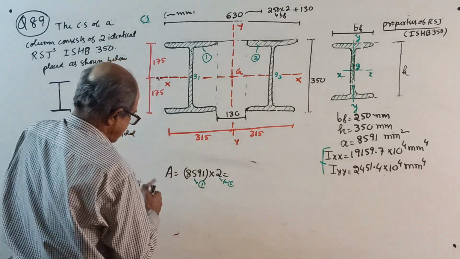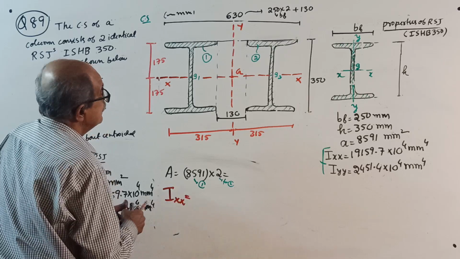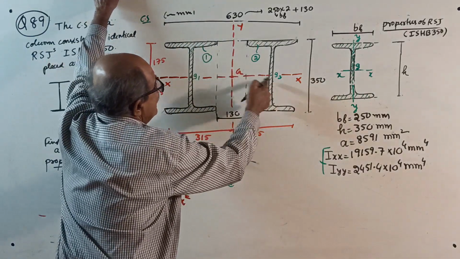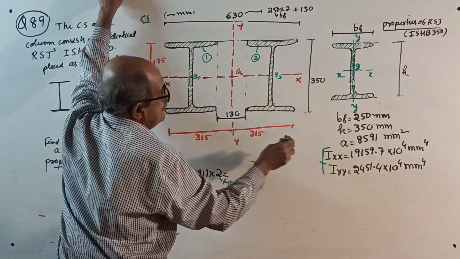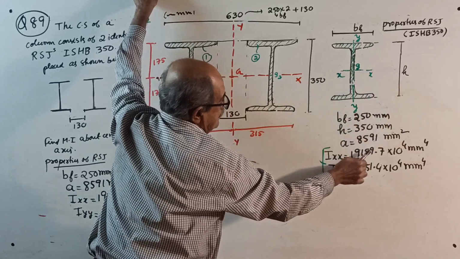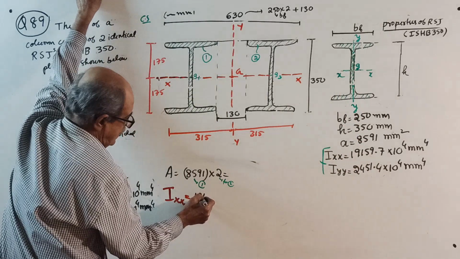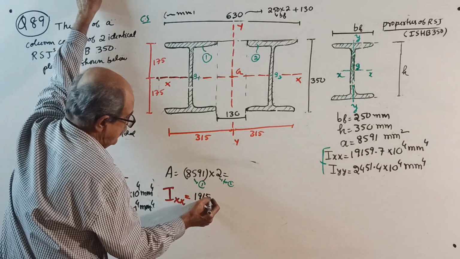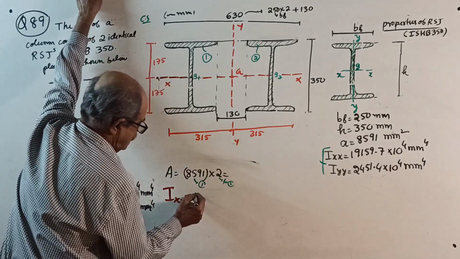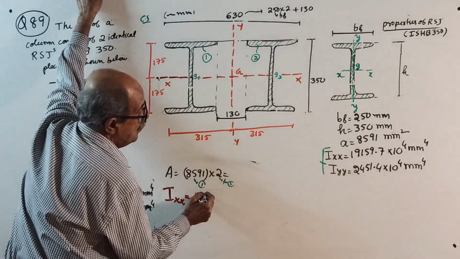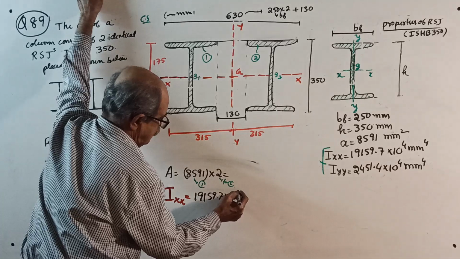Then I about the XX axis. Start. Any one I section, see here: I about its own centroidal axis, which is nothing but this axis, is 19159.7 × 10^4.